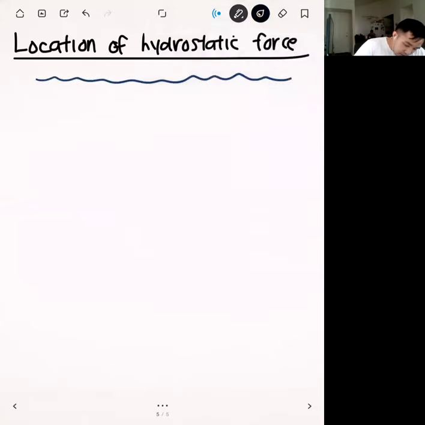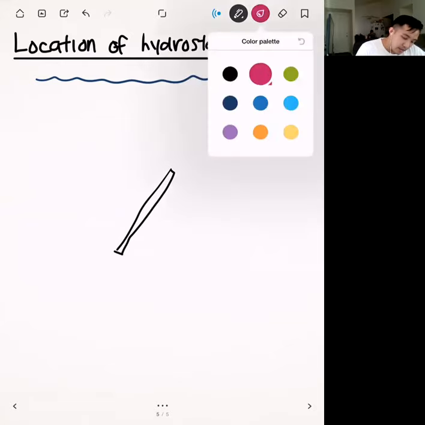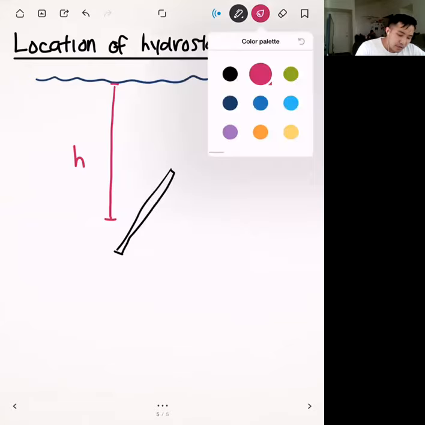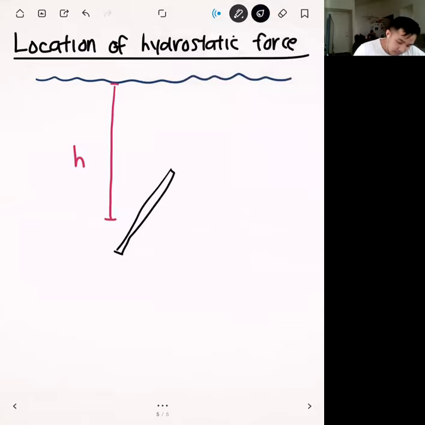So let's say that we have a surface down here. Remember, H is just the vertical depth of something, so to get H, you just go vertically down. But Y is actually a distance along the surface.